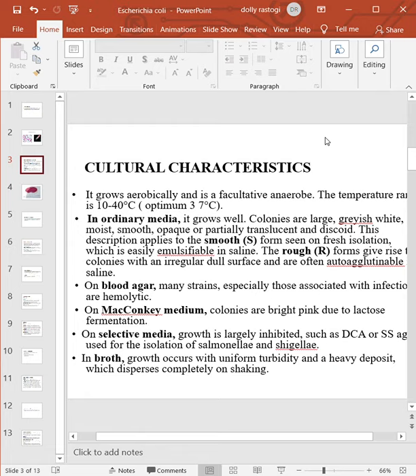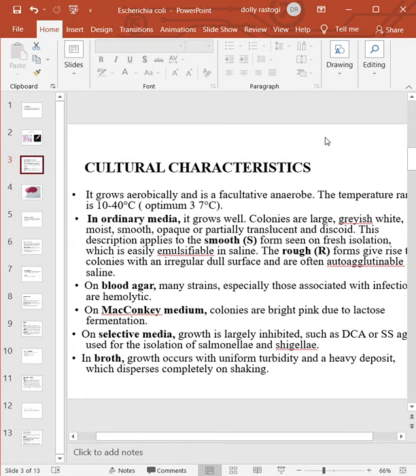On blood agar, sometimes they show hemolysis. On MacConkey media, the colonies are bright pink due to lactose fermentation.